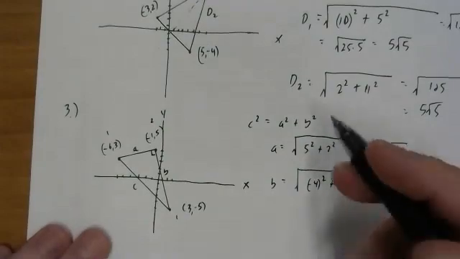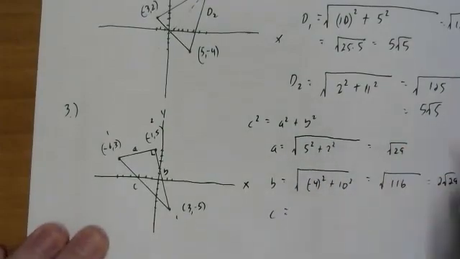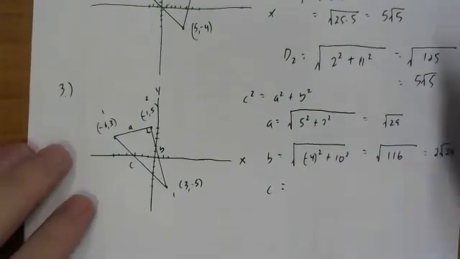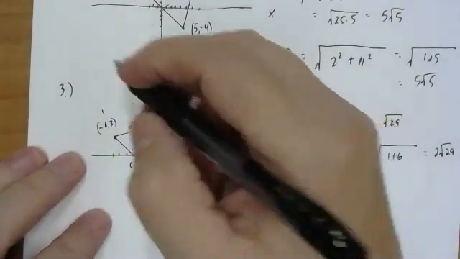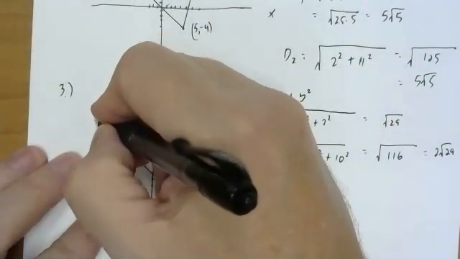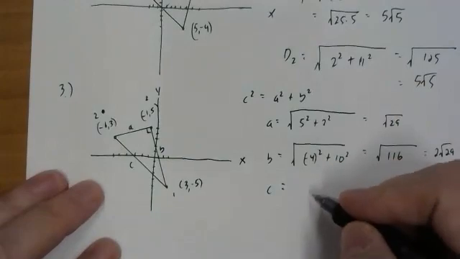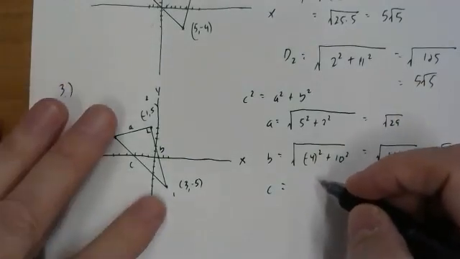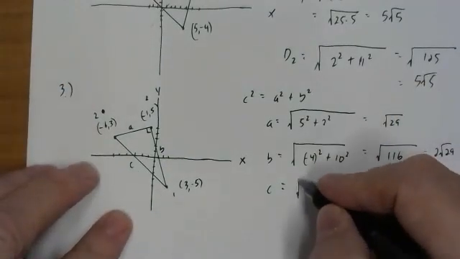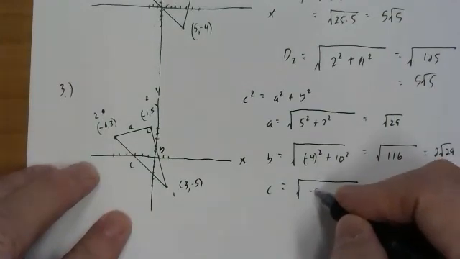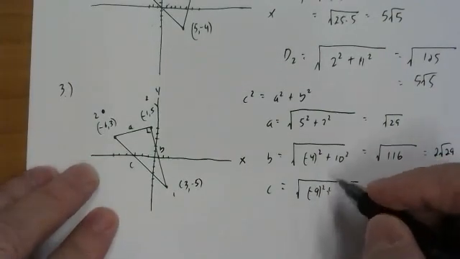Now let's calculate the length of C. We'll just call this 2 and this 1. So -6 minus 3, so -9 squared.